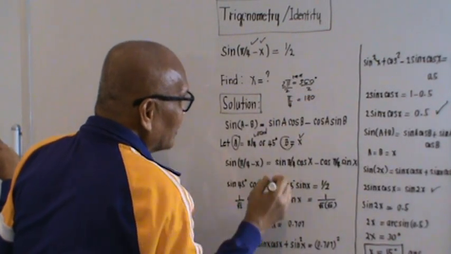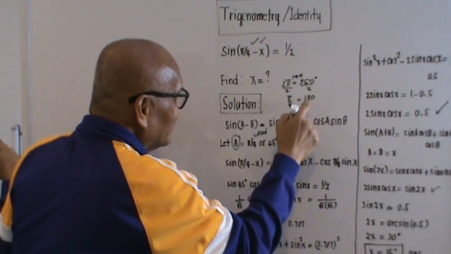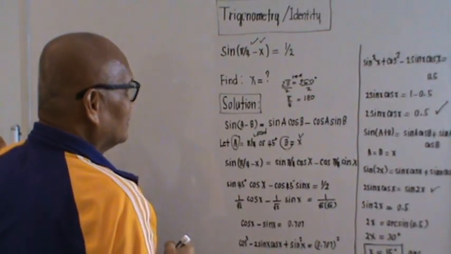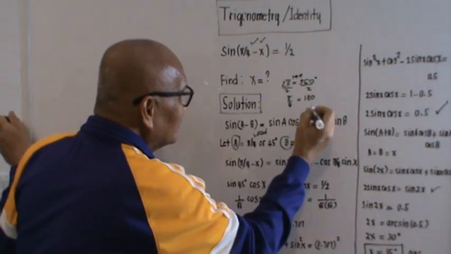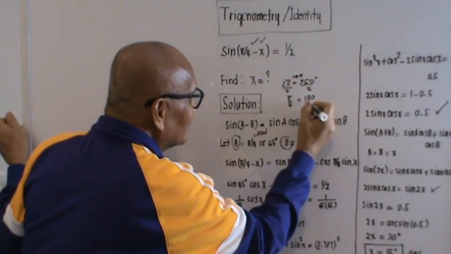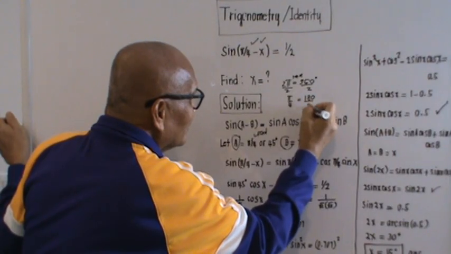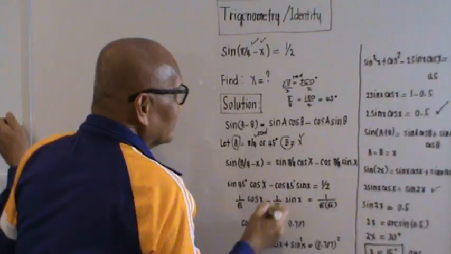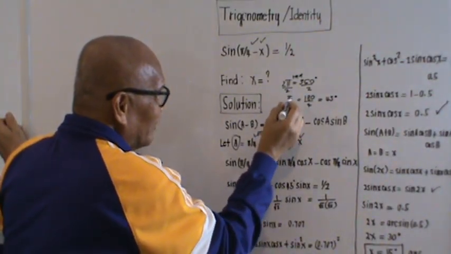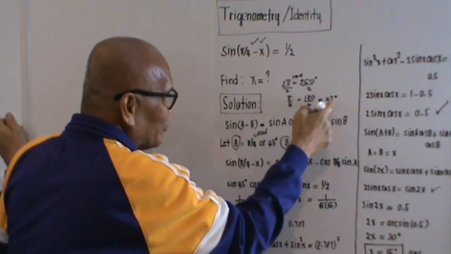And if we divide 180 by 4, it will become 45 degrees. So pi over 4, we will replace that by 45 degrees.